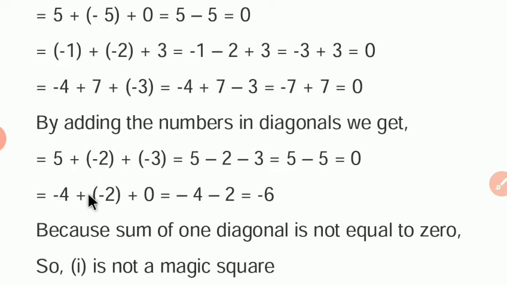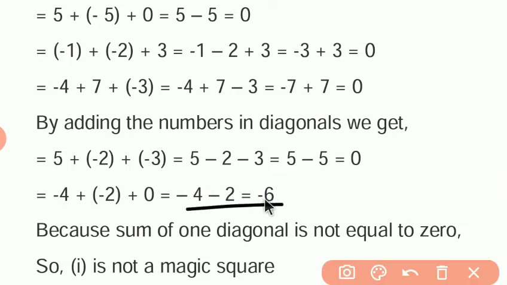So minus 4 plus of minus 2 plus 0. So minus 4 plus into minus, minus 2 plus 0 means minus 2 only. Again minus minus plus. So minus 4 plus 2, 6, and the sign will be minus.